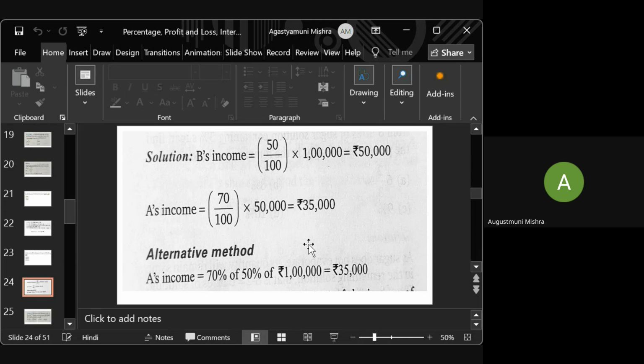Okay, so I think 35,000 was in the third option. Okay, that is the correct answer. So I think that is a very easy question. You can just check it. Within half a minute, I will change this slide.